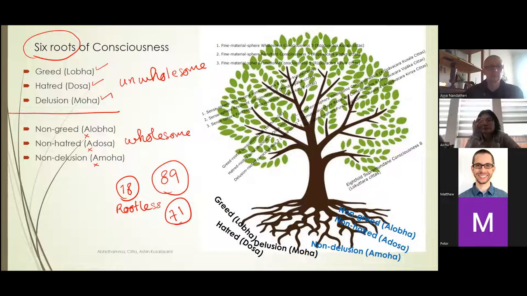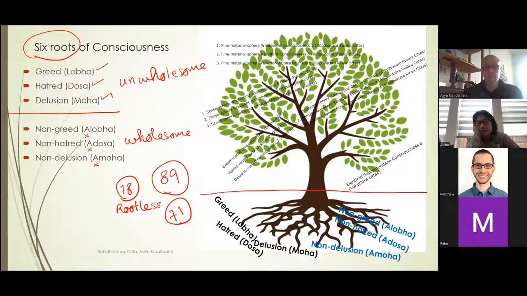So these 6 roots are working behind our thoughts, like a tree. When we look at the tree, we cannot see the roots.